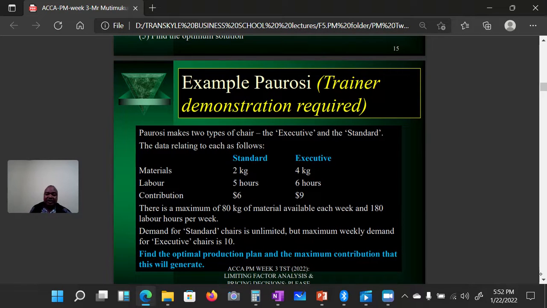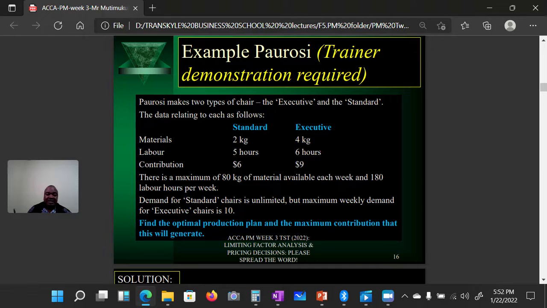Okay, so Example Paurosi reads: Paurosi makes two types of chair, the executive and the standard. The data relating to each is as follows: standard, executive. Materials: 2 kg for standard and 4 kg for executive. Labor: 5 hours, 6 hours. Contribution: $6 per unit, $9 per unit for the executive.